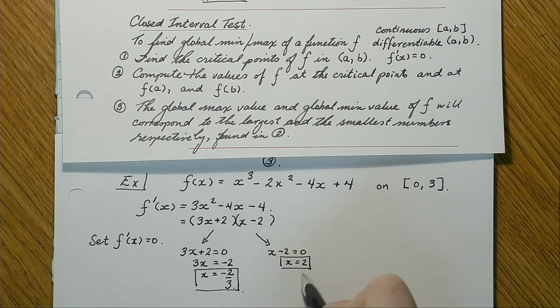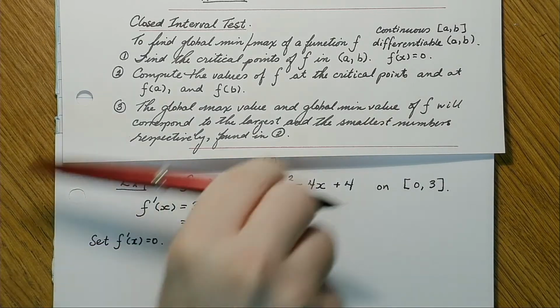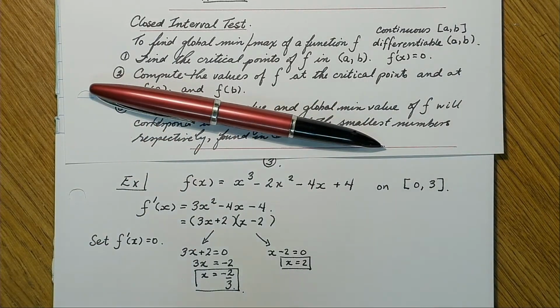This one, x equals 2, is between 0 and 3, but this is clearly not. It's minus 2/3. It's not in that interval. So that is not admissible right now. So I don't care about this point. It's not in 0, 3.